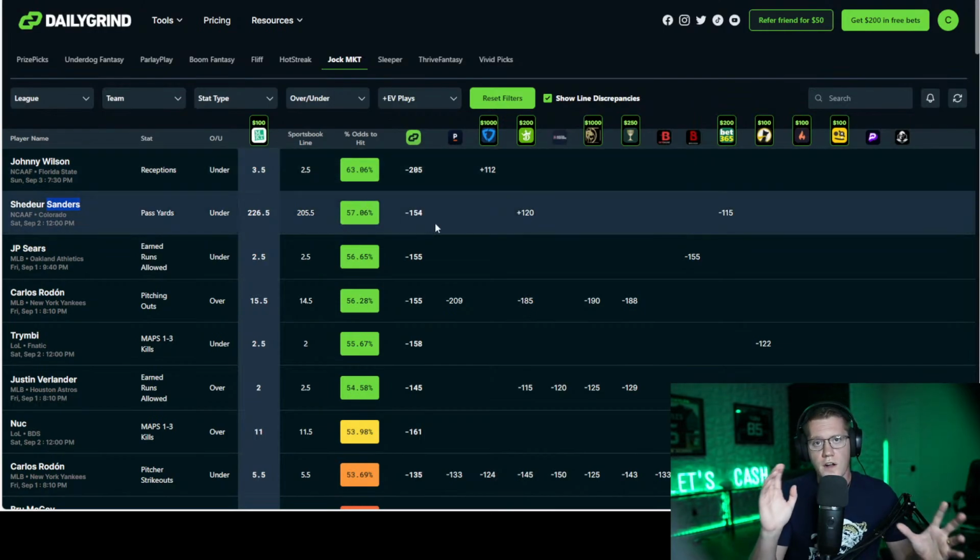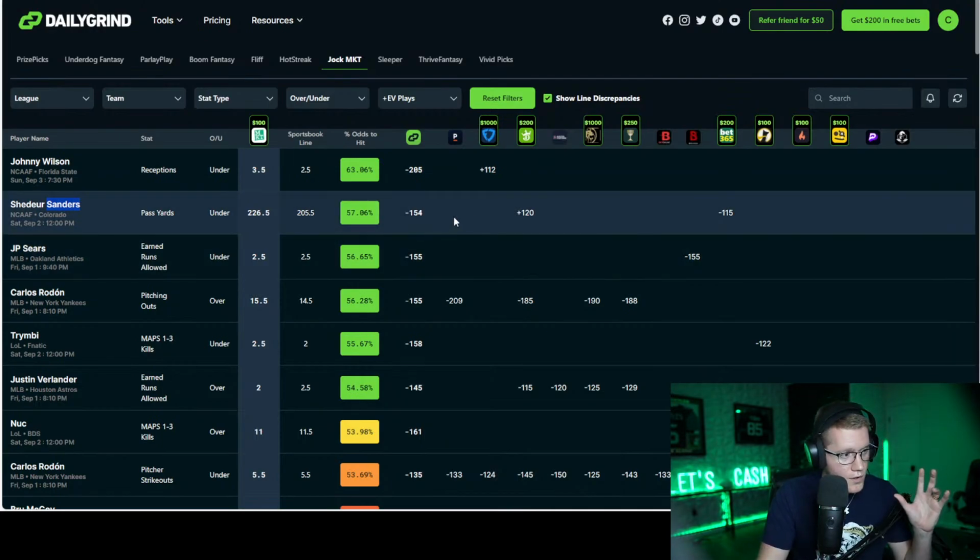So let's walk our mindset through this real quick, okay? We have a projection at plus money on the under at 205.5. Let's, for simplicity, assume that every one of these props is a 50-50 prop. We have two sportsbooks' projections set at 205.5. Then we also have one set at 226.5, right?